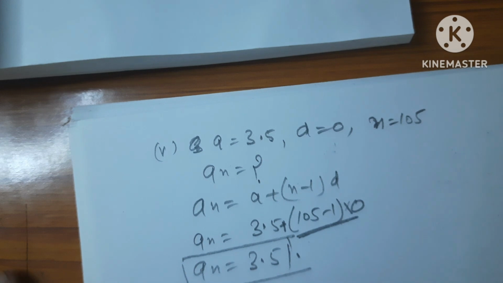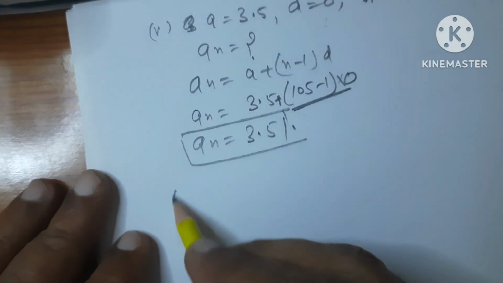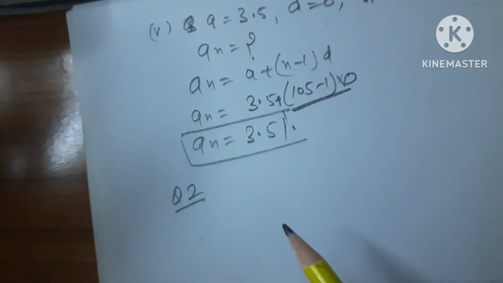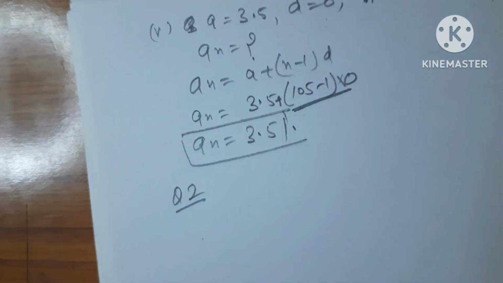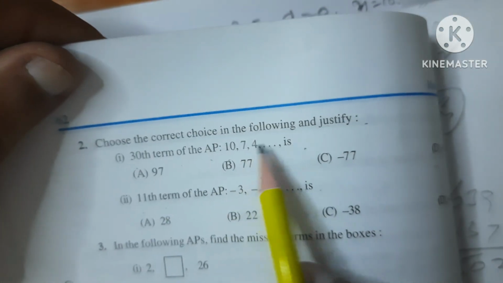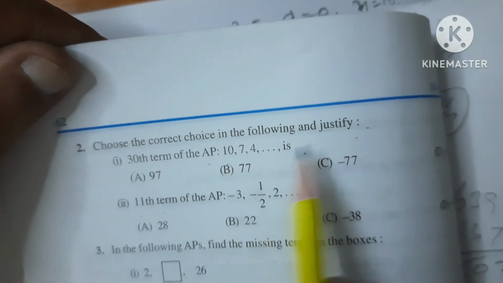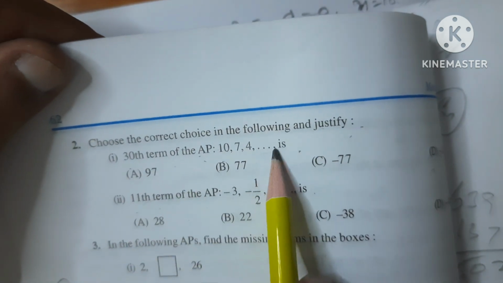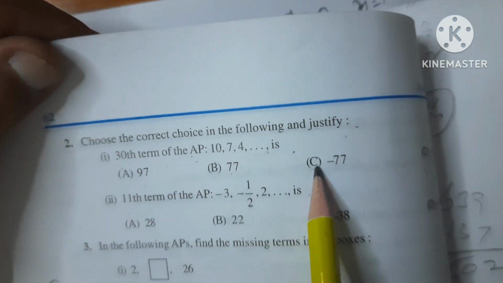Now shift to question number 2. Question 2 is, choose the correct choice in the following and justify. 30th term of this is, we have got the options.